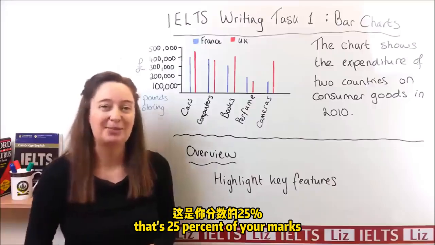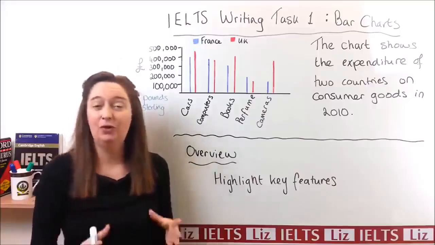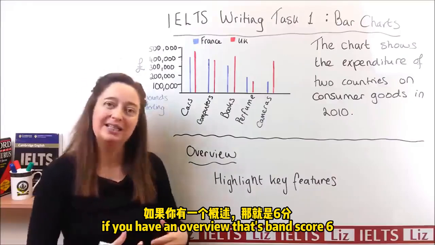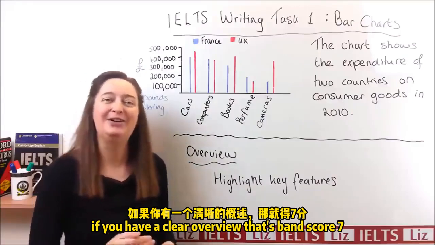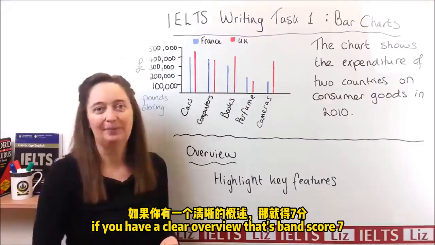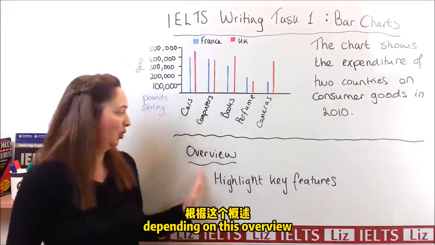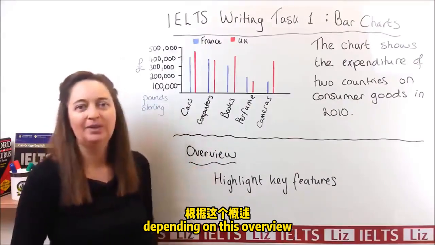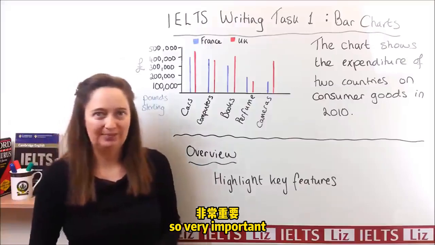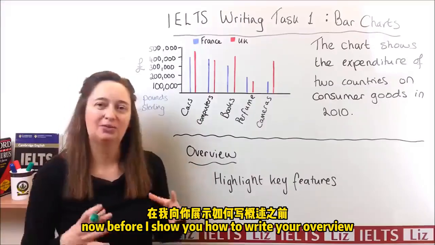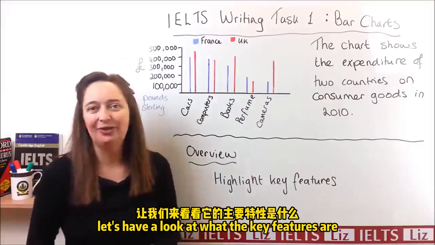That's 25% of your marks. If you have an overview, that's band score 6. If you have a clear overview, that's band score 7. So your band score will go up depending on this overview. So very important.